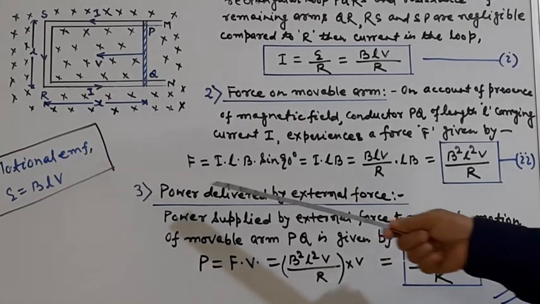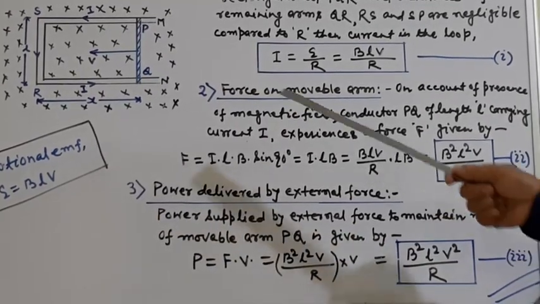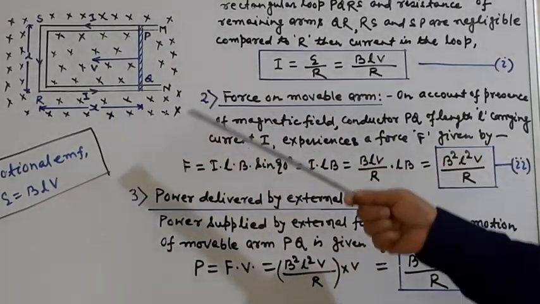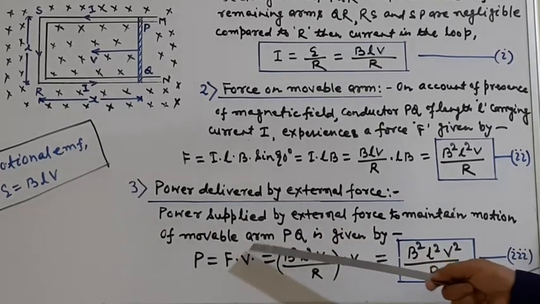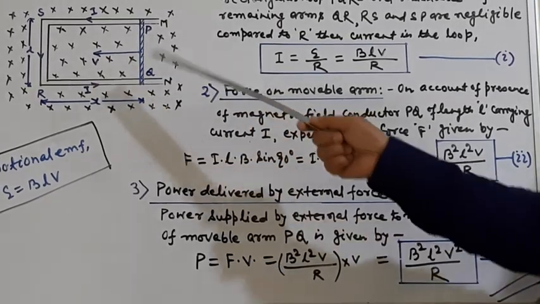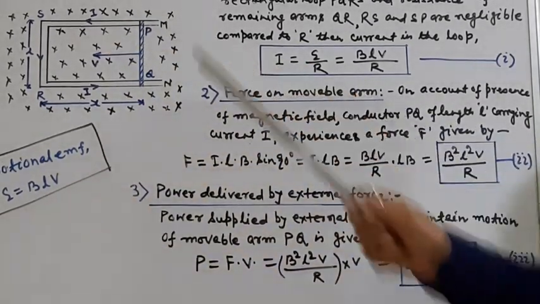Now one thing more, also the power delivered by the external force. Actually, when the conductor moves, power is supplied by an external force to maintain the motion of the movable arm PQ. To move this arm PQ, how much power is required by the external force to maintain this motion?